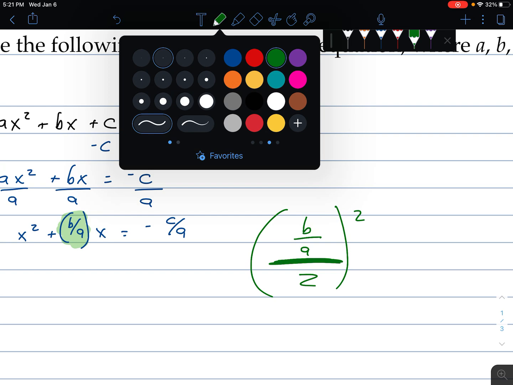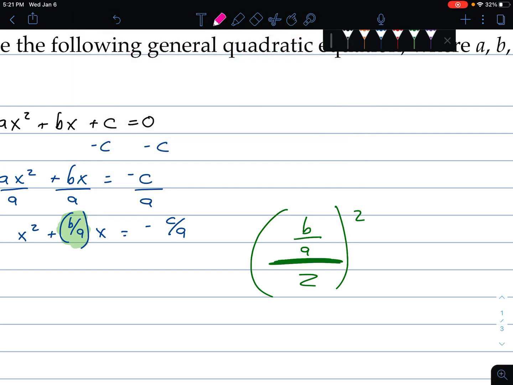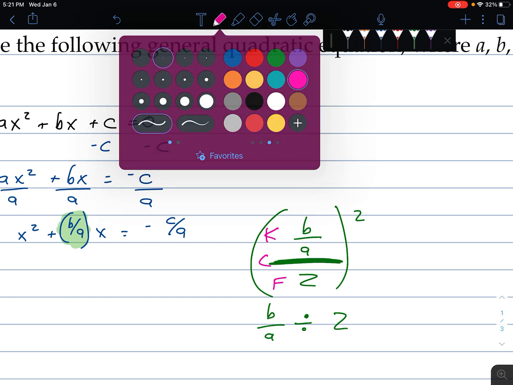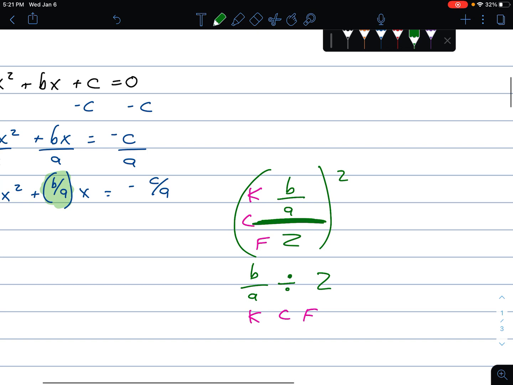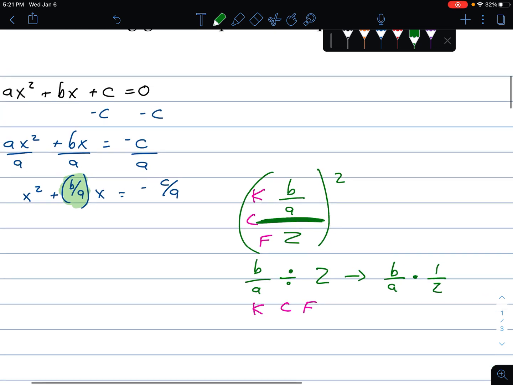We learned right at the very end of last trimester, when I have a fraction divided by a fraction, keep, change, flip. So I would have B over A times 1 over 2.